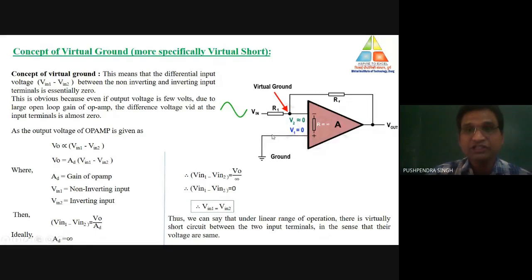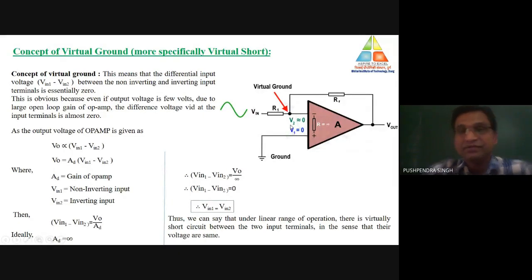And if the non-inverting terminal voltage is 0, then the inverting terminal must be 0. That is called virtual ground. So if the non-inverting terminal is connected to 0, internally this terminal will also be connected to 0.